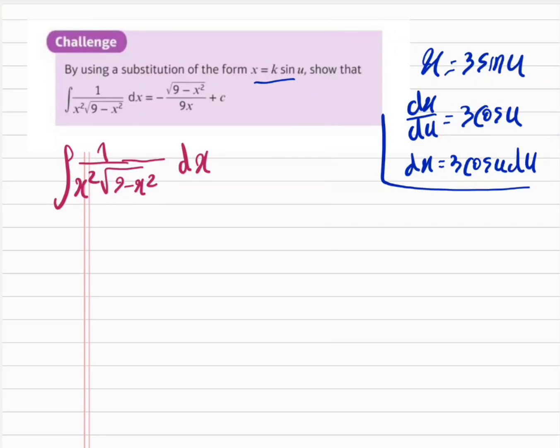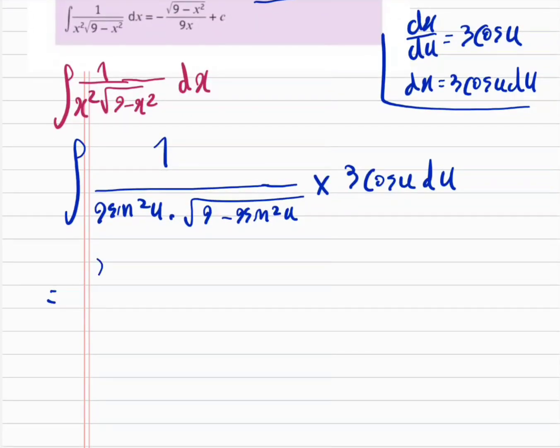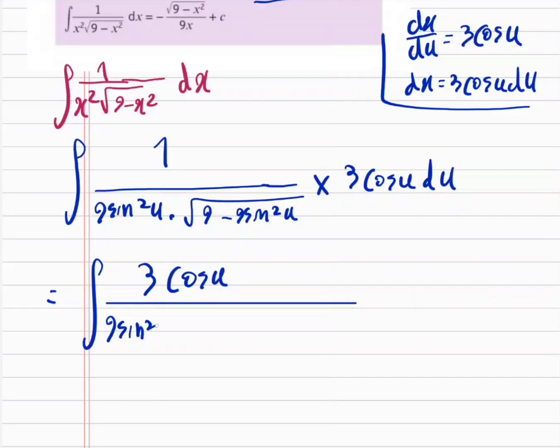Now we substitute this here, so we have 1 over an x squared outside, which is just 9 sin squared u, and inside we have 9 minus 9 sin squared u, and we substitute 3 cos u du into the dx. So we have 3 cos u, and then in the denominator we have 9 sin squared u, and inside the square root, that's what I was talking about.